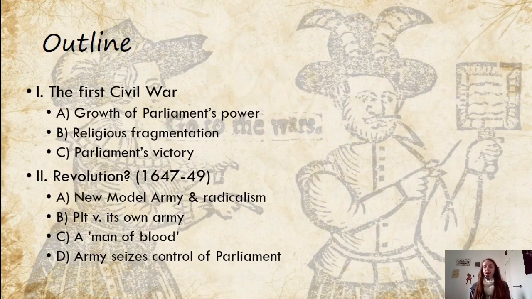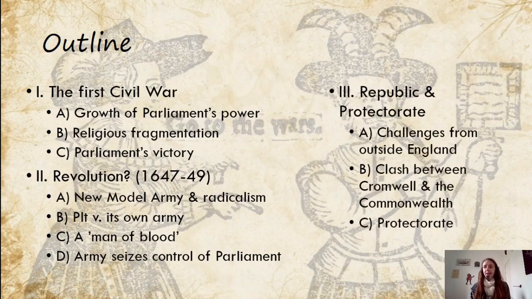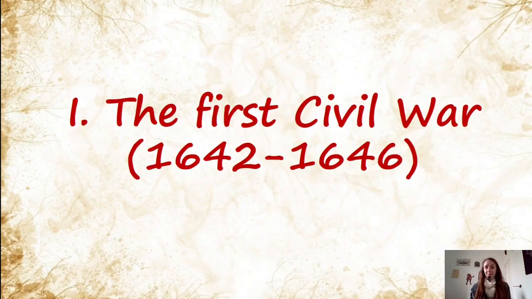We'll wonder if the king was a man of blood, and we'll see how the army seized control of Parliament. This will lead us to discuss the Republic and the Protectorate, with challenges coming from outside England, clashes between Cromwell and his Commonwealth and the Protectorate. Let us begin with the first Civil War.